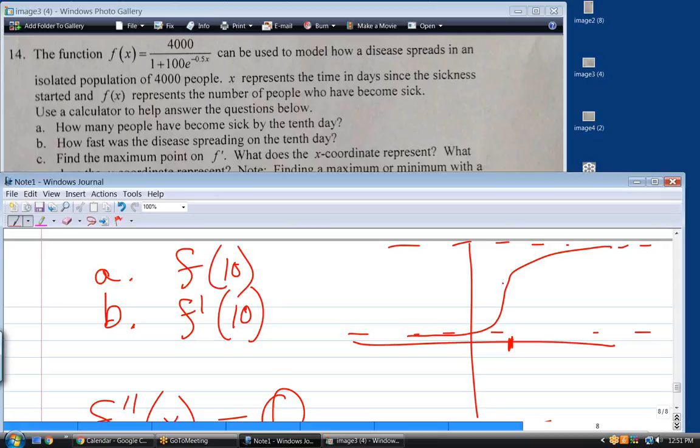I don't know precisely by looking at the original curve where the slope is the steepest, but I know that if I take the derivative of it and set it equal to 0, I'll find that point.